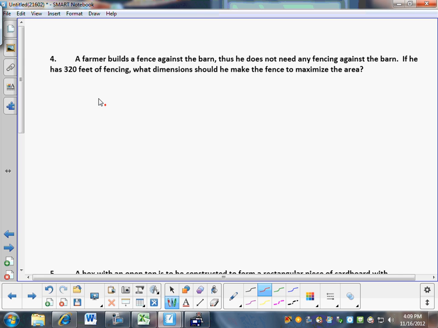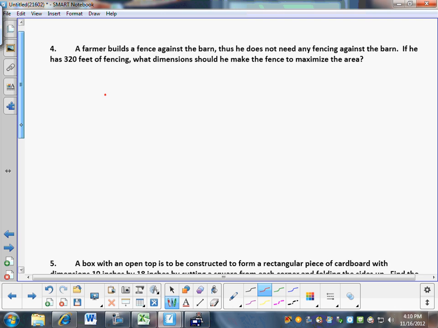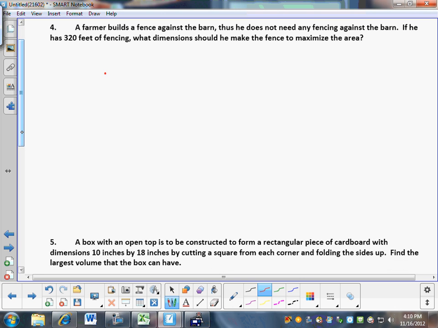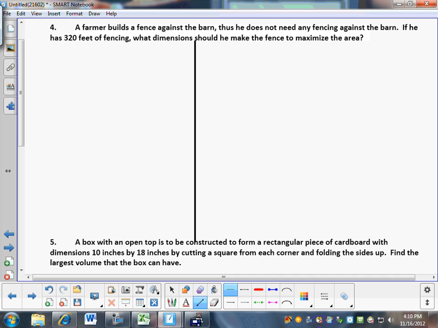Farmer builds a fence against a barn, thus he does not need any fencing against the barn. If he has 320 feet of fencing, what dimensions should he make the fence to maximize the area? Same deal as before. Make my line super straight to impress you guys. Like this.